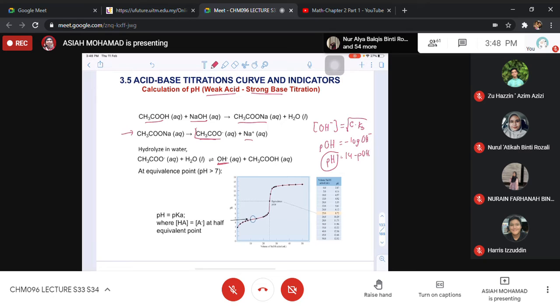Between these two, acetate will further hydrolyze in water, sodium will not, because it is the conjugate of a strong base, NaOH. Acetate is the conjugate of a weak acid, so it is strong enough to further hydrolyze in water. So this is the hydrolysis equation of acetate ion in water that will produce OH minus and CH3COOH, the original acid we used earlier.